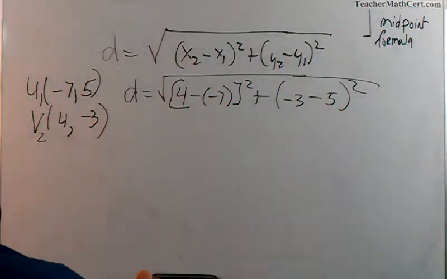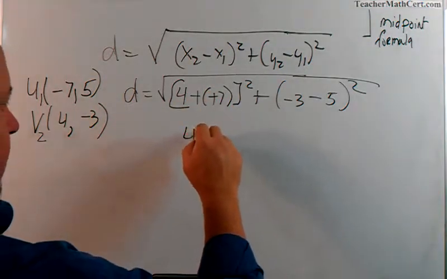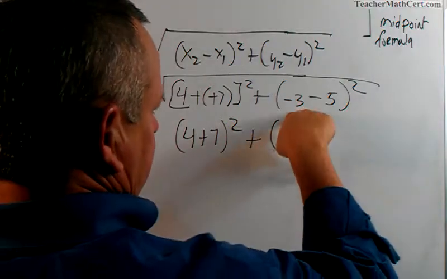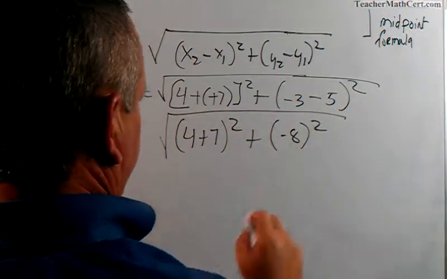Alright, got to do what's in the parentheses, right? This is going to go to positive, so we got 4 plus 7 squared plus negative 8 squared, all under the square root.